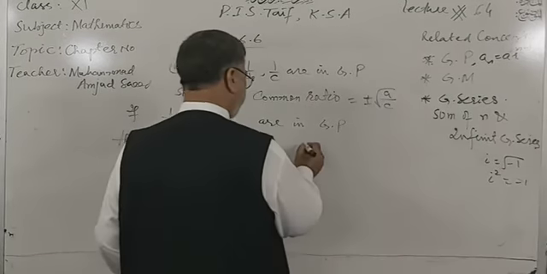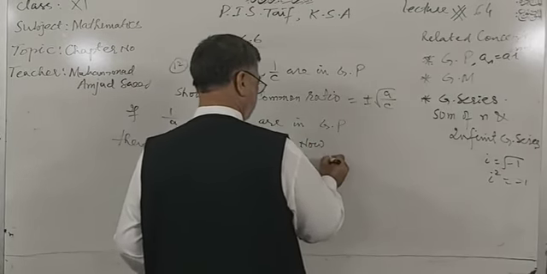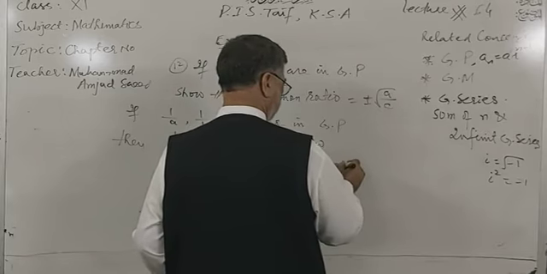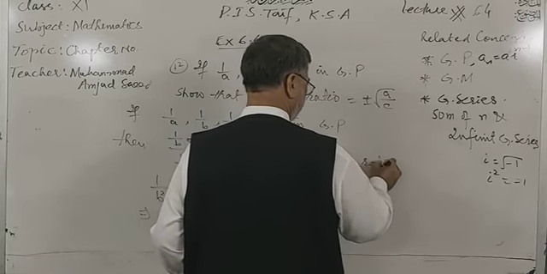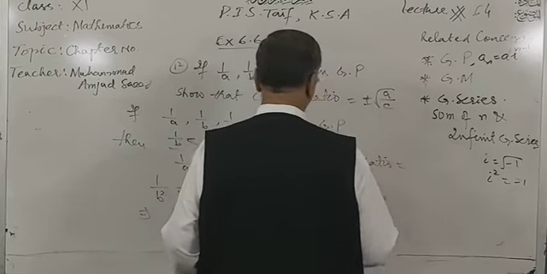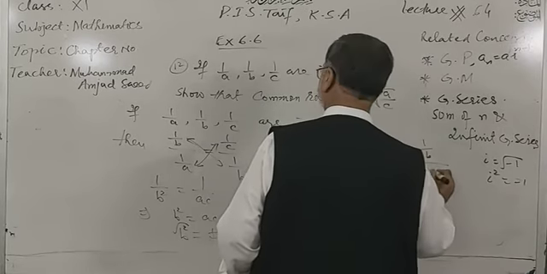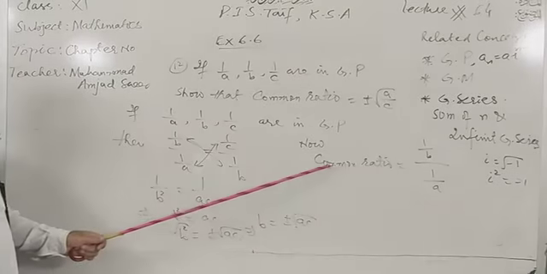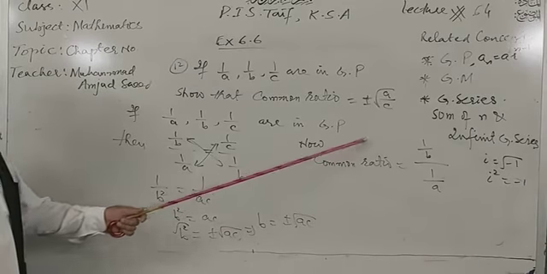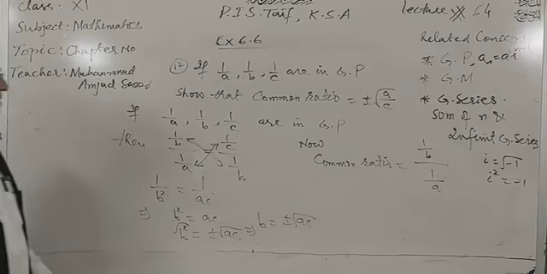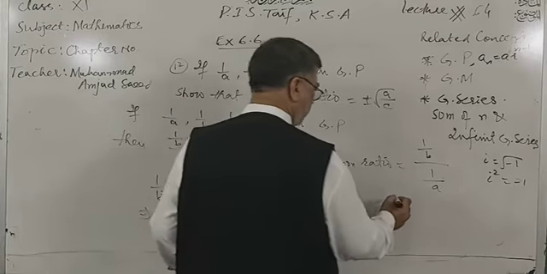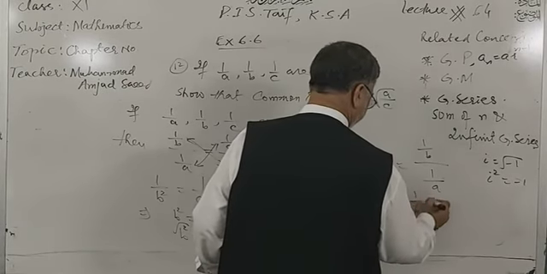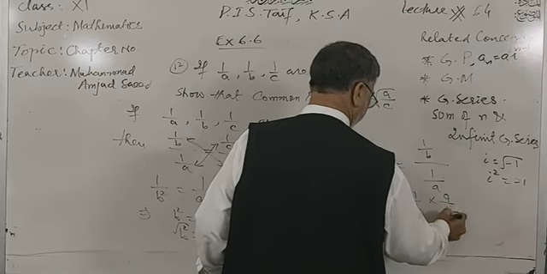Now the common ratio is equal to second over first. This is the formula. You know that 1 over B becomes, on taking the reciprocal, A over 1.